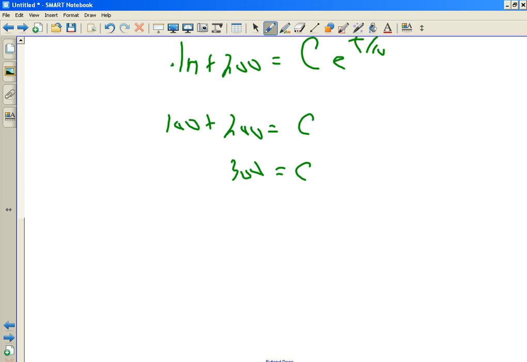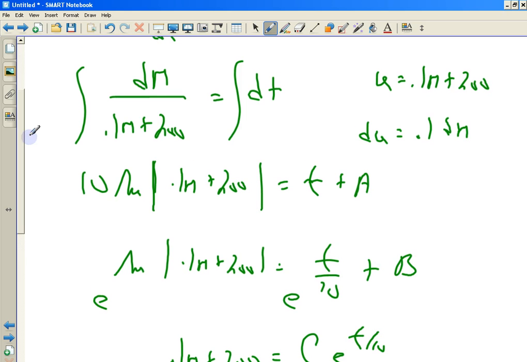Oops, let's stay green. That's a 3. Because we divided by 1,000 somewhere. What the heck was it? I forget. We divided by that somewhere. Oh, this 10.